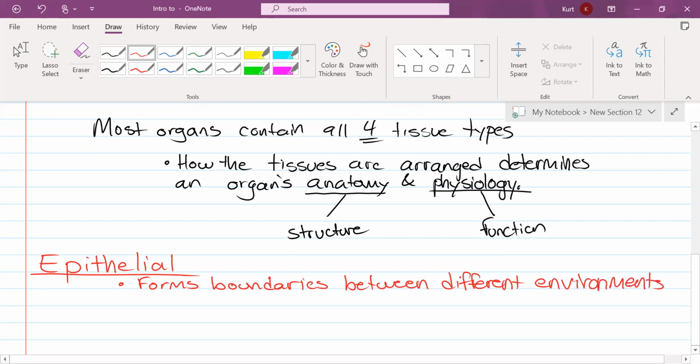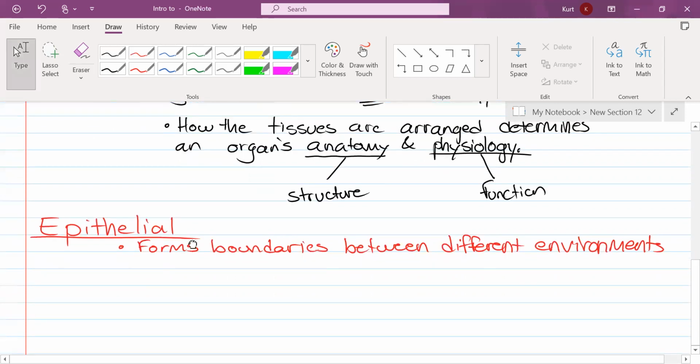Like behind you all, there's just a huge window that goes across the back wall. That could be like epithelial tissue. It's separating our environment from the outside environment. That's what it does. Epithelial tissue also protects, secretes, absorbs, and filters.